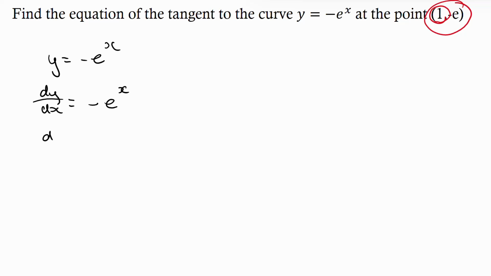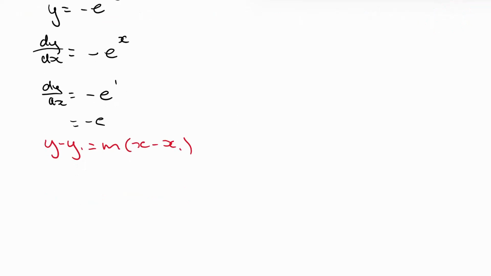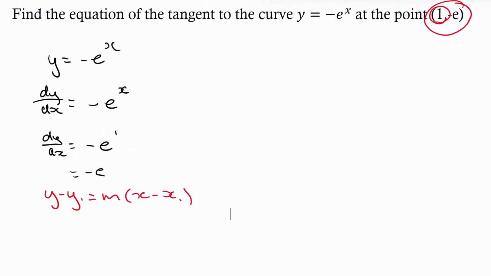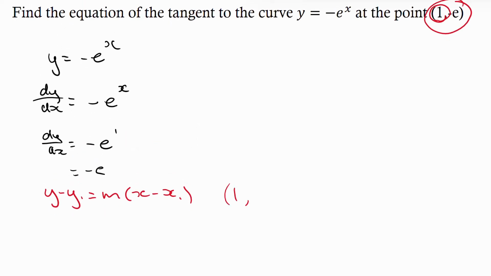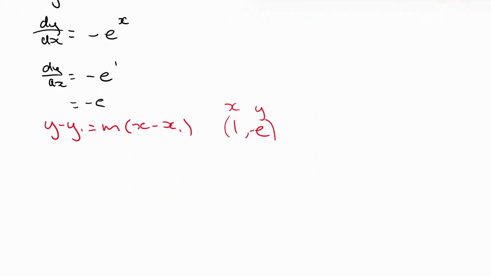And we get dy/dx equals negative e to the power of 1, which is just negative e. Now we're going to use the formula y minus y1 equals m(x minus x1). And we're going to do our substitutions. So I do know that the coordinates were 1 and negative e. So that was my x and that was my y. And the gradient was negative e.